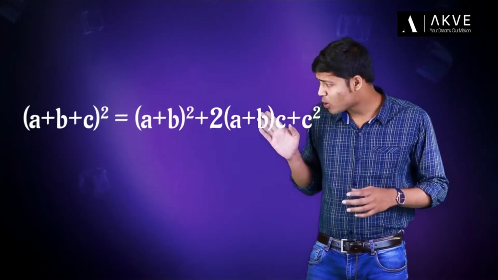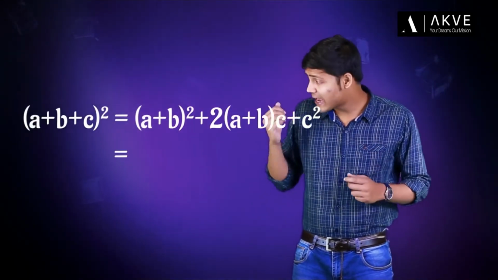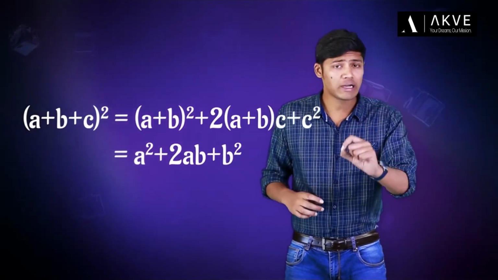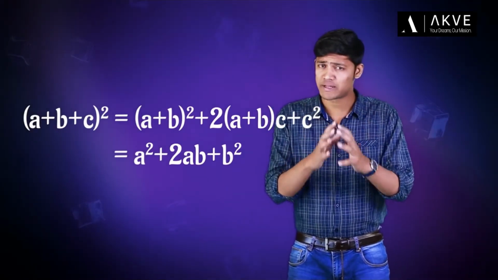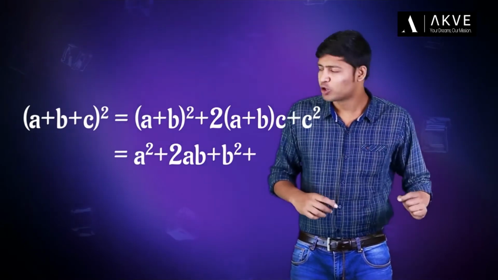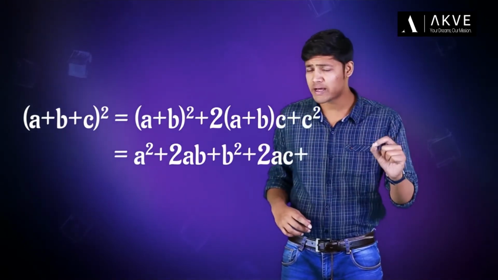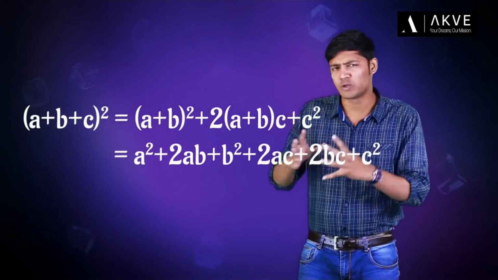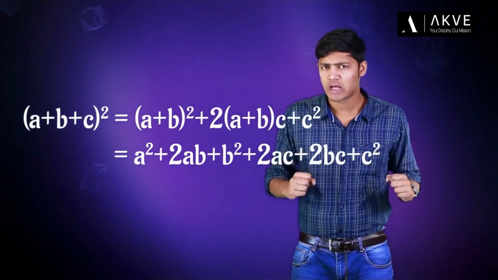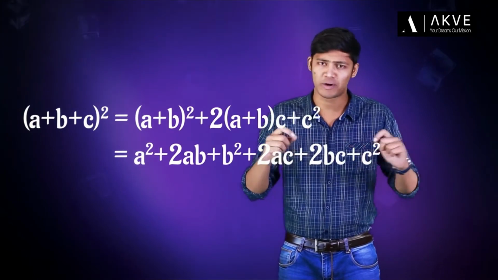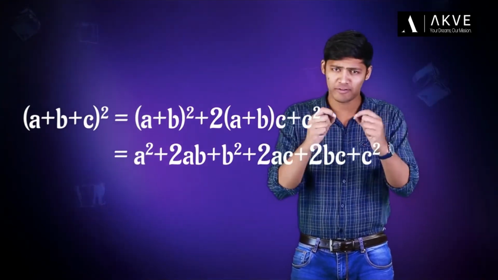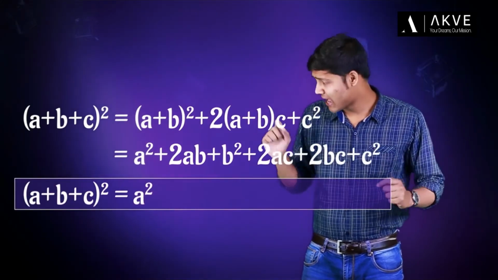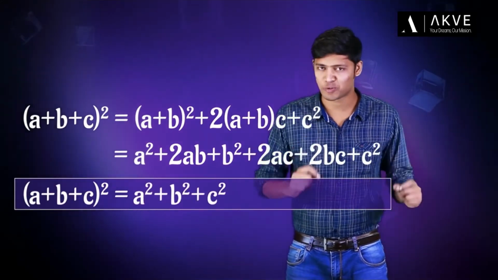Now, (a + b)² will be equal to a² + 2ab + b², and 2 × (a + b) × c will be equal to 2 × ac + 2 × bc. Now, this expression looks all confusing, right? Not if we arrange it properly. So let me arrange it properly for you. First, let us take the squared terms, that is a², b² and c².